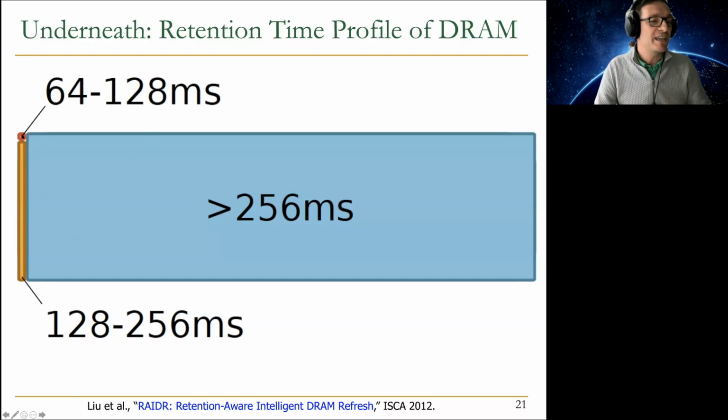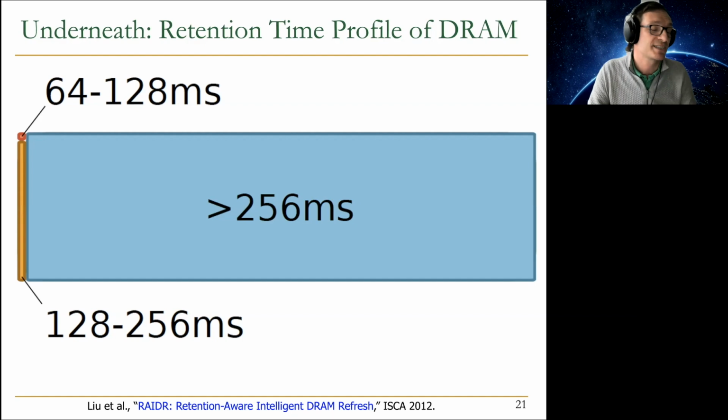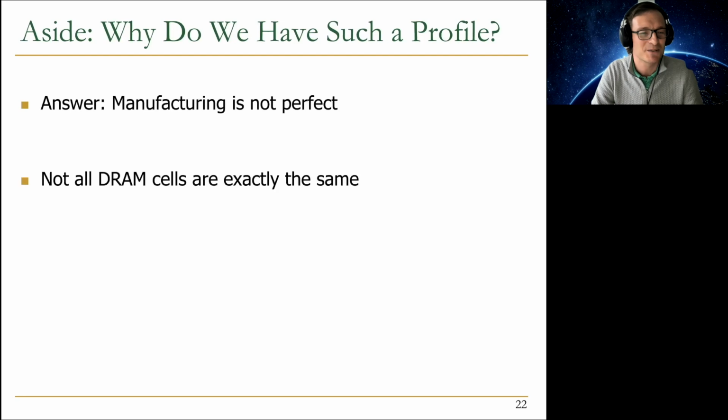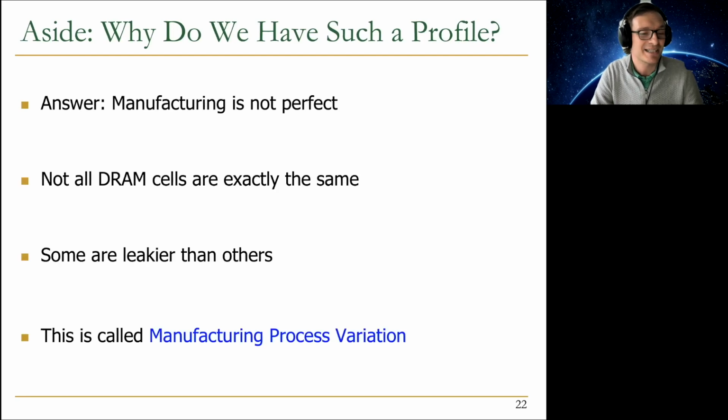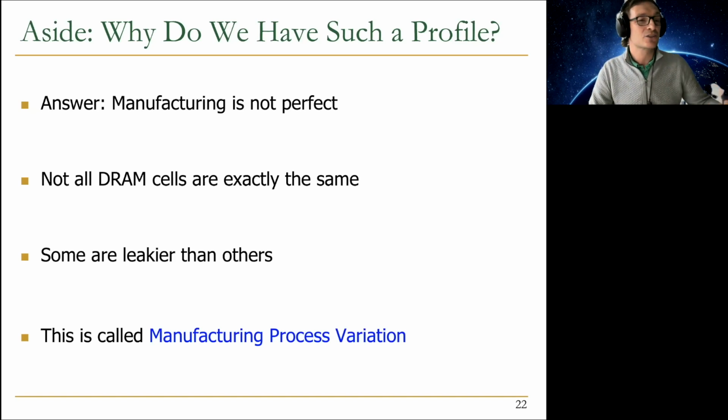I'm going to tell you which ones those are, never allocate data on them, and I'm going to refresh my memory every 256 milliseconds. You can do that, yes, as long as you make sure that no one allocates data into those cells. So good, people are developing ideas, and that's exactly the purpose of this lecture right now. If you know what's going on underneath, then you can solve the problems, and you can develop many, many ideas.